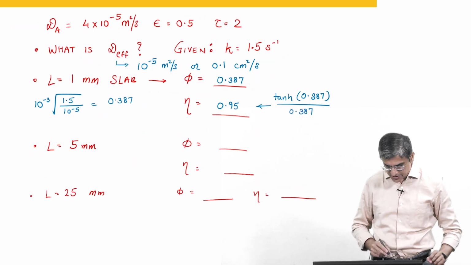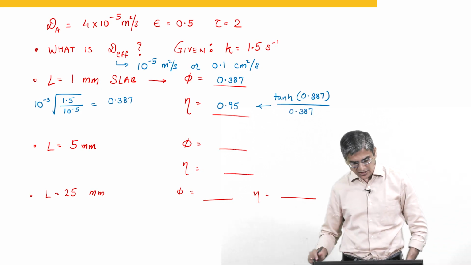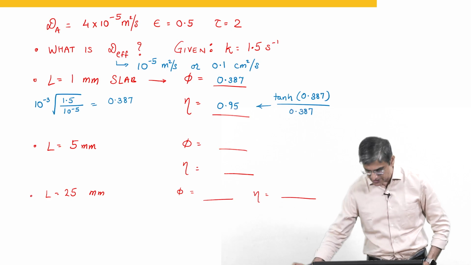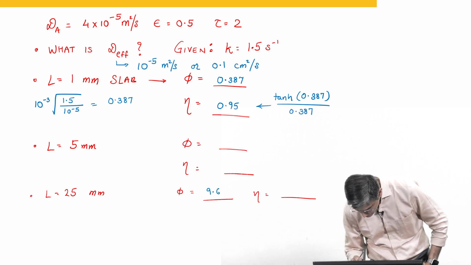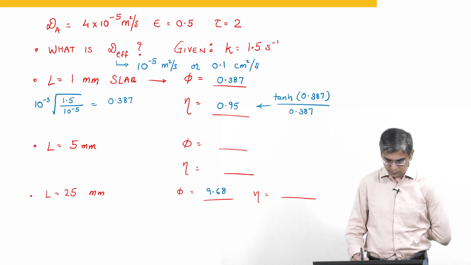Okay. Let us see this for the 25 mm pellet. What is the value of phi for the 25 mm pellet? 9 point... Okay.